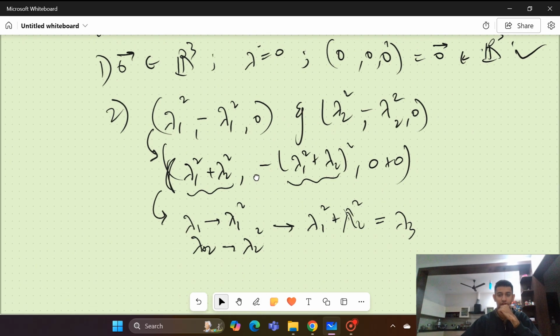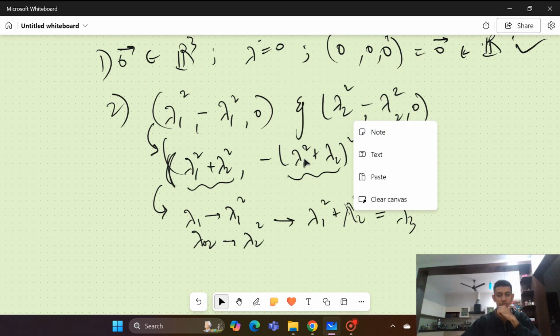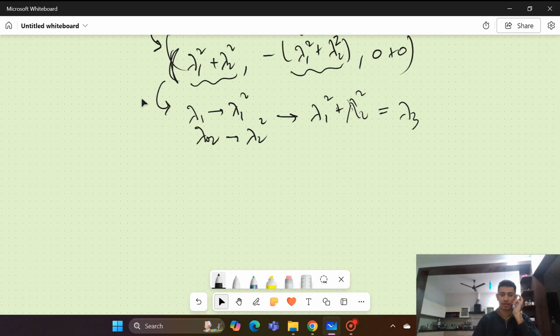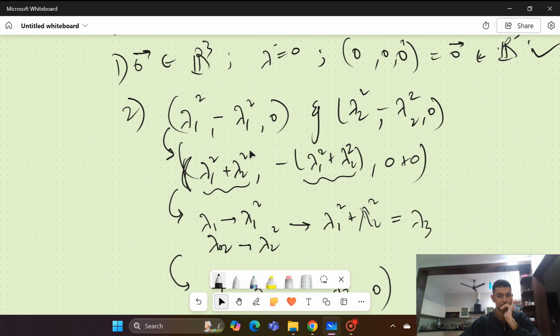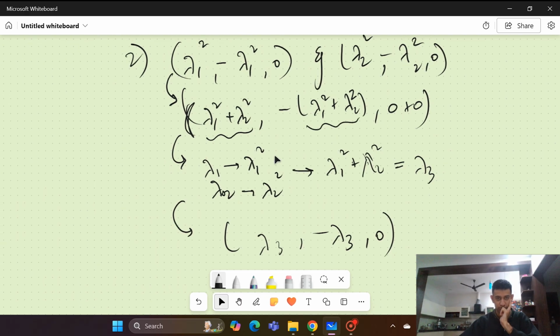Also this square shouldn't be outside, I'm so sorry. Perhaps what I should do is get rid of this for now and put a square here. So if you take this, you can say that this is the same as some lambda 3 minus some lambda 3 is 0. And you need to find squares, right?